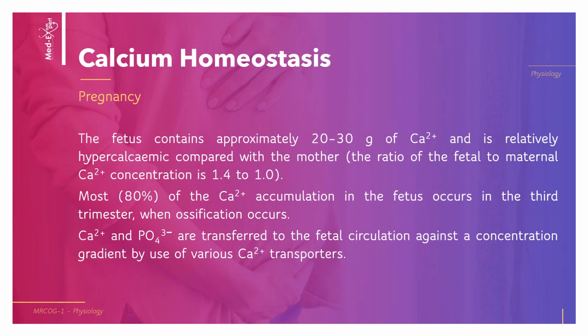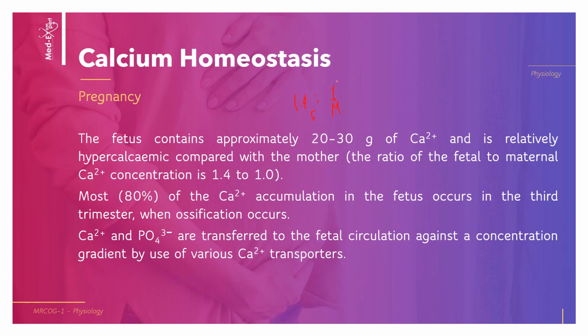Why is it considered hypercalcemic? Because the concentration of calcium in the fetal circulation is higher than in the maternal circulation. They found that the ratio is 1.4 to 1 from the fetus to the mother.